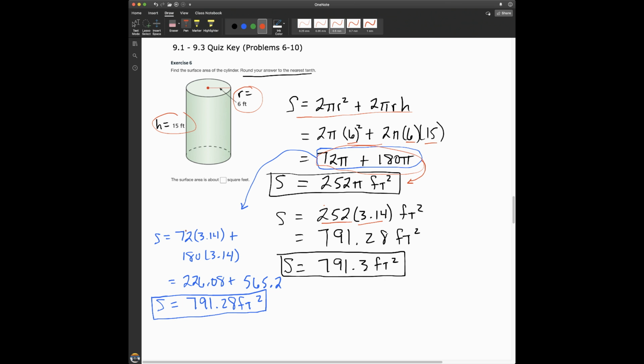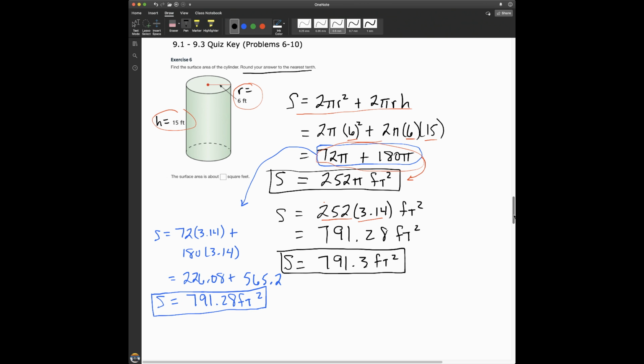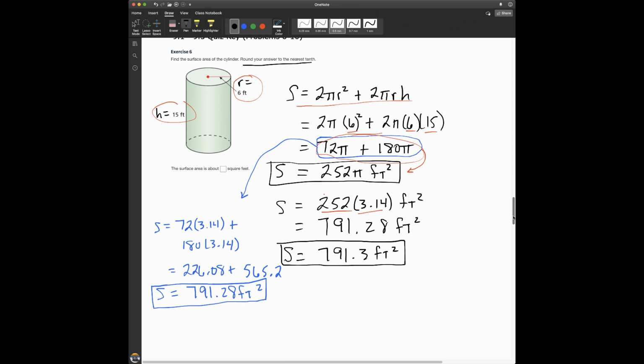I just wanted to show you that if you did that, you're going to end up with the same answer. Either way works. So the answer is 791.3 feet squared, because I rounded to the nearest tenth.